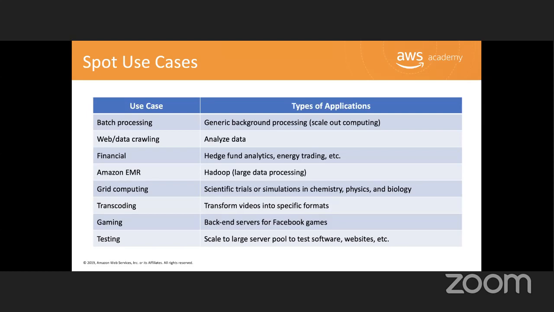Transcoding, for this particular use case, we use Elastic Transcoder, which is to modify and convert media files from one format to another one. Okay. Gaming, backend servers for Facebook games, testing, scale to large server pool to test software, websites, etc.